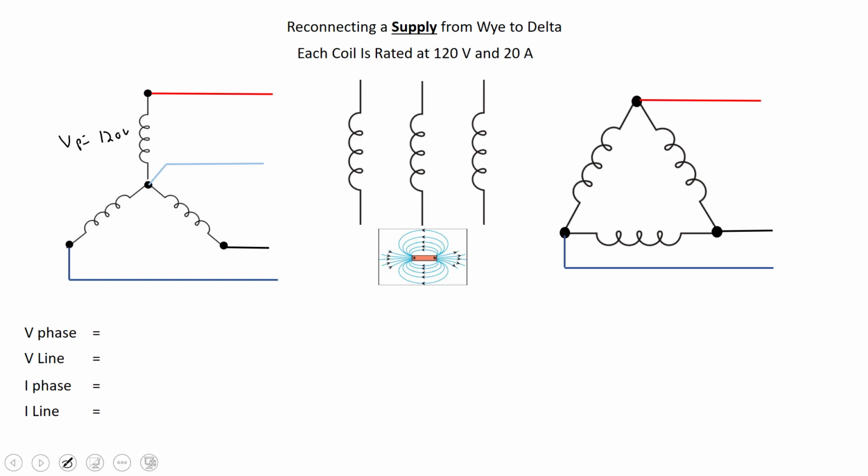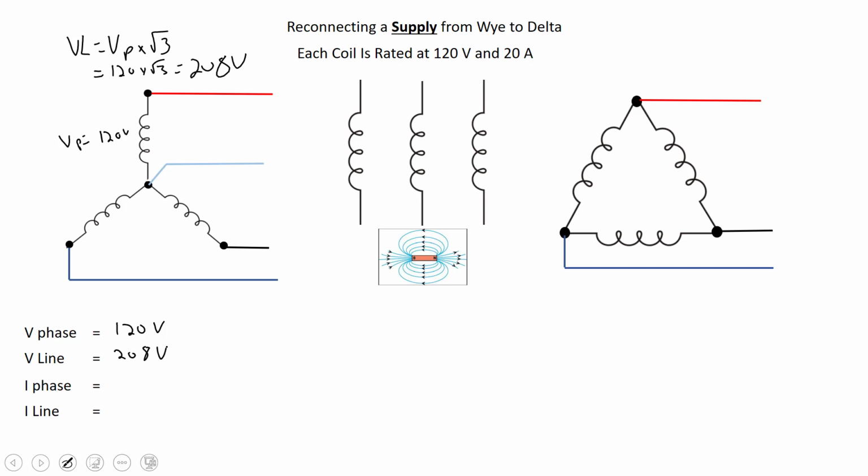So our phase voltage is 120 volts. To calculate line voltage on a Y circuit, we can use the formula V line equals V phase times square root 3. That's 120 volts times root 3. It comes to approximately 208 volts.